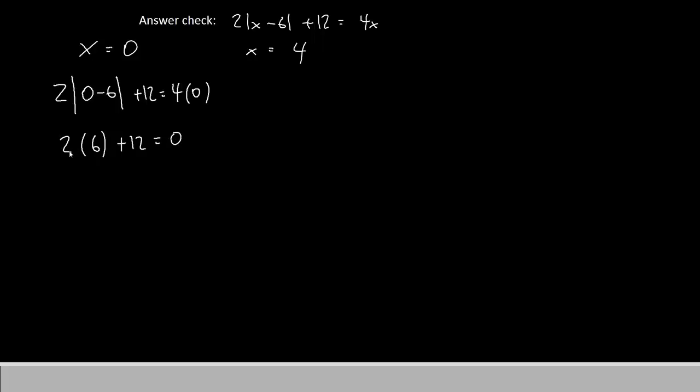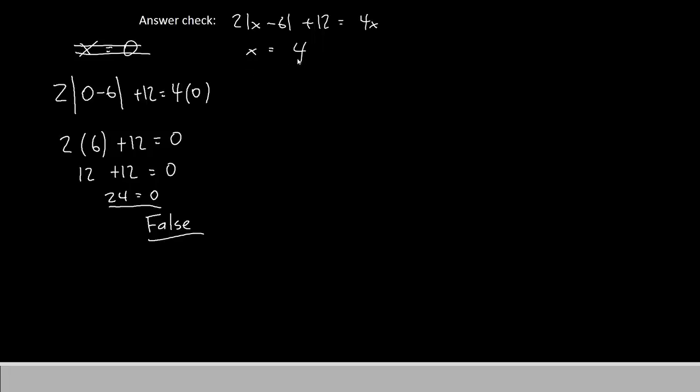If we simplify again, 2 times 6 gives 12 plus 12 equals 0, giving us a final statement of 24 equals 0. That is definitely false. So x equals 0 is not a correct answer.